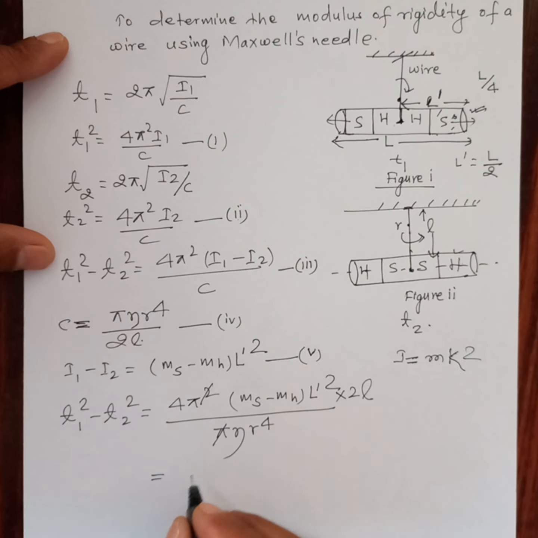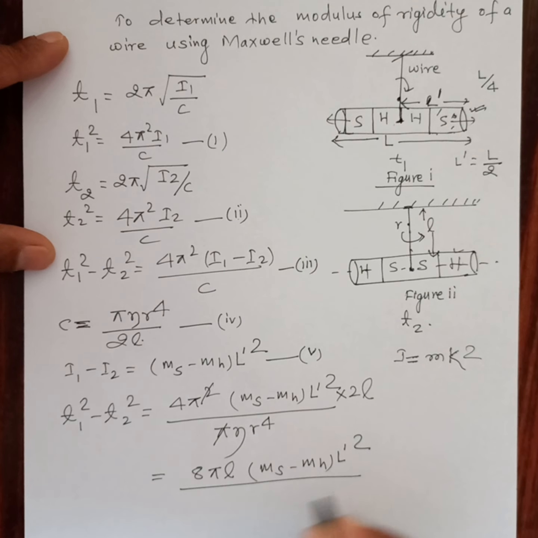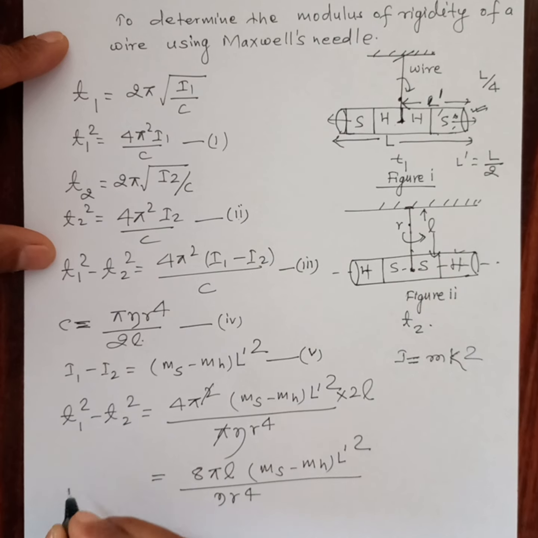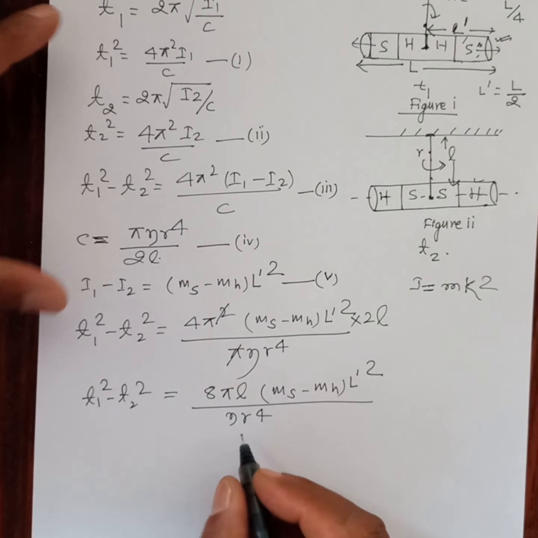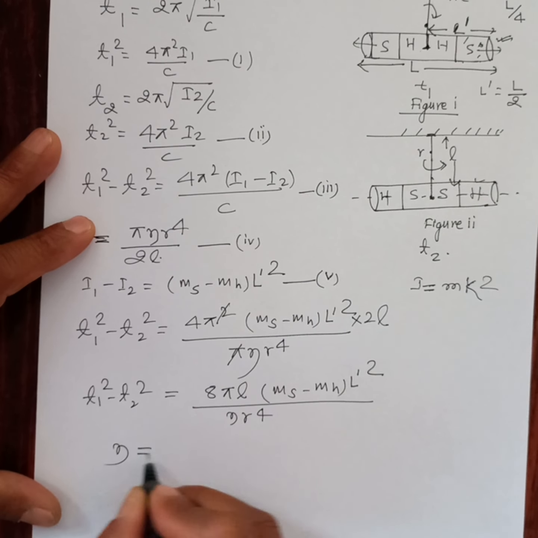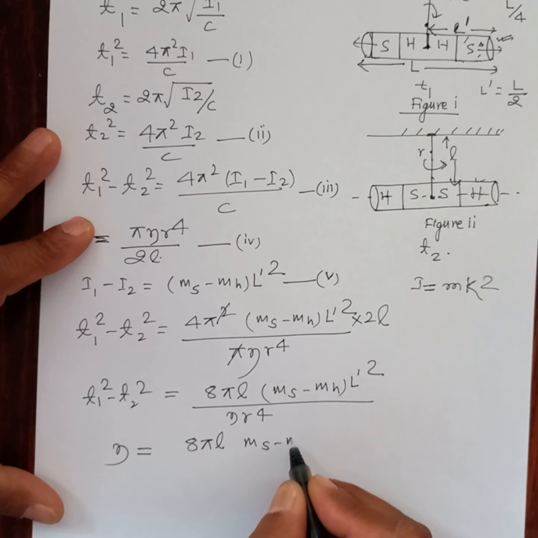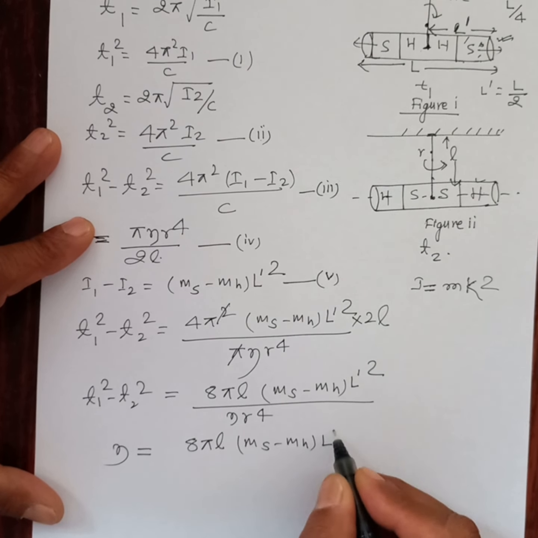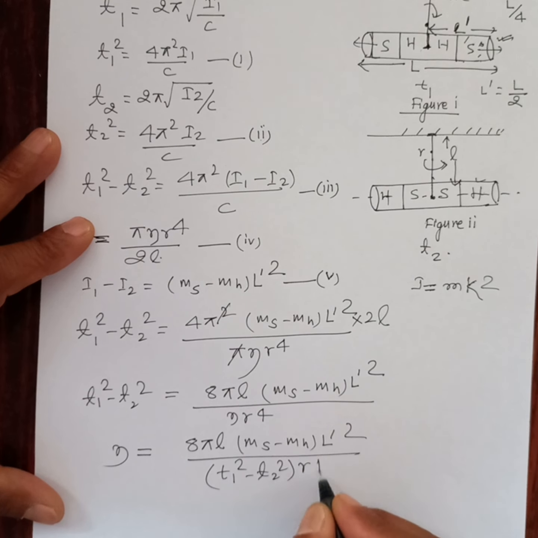This is equal to 8 pi l times the mass of the solid cylinder minus the mass of the hollow cylinder times L dash square, divided by eta R to the 4. So eta, the modulus of rigidity of the material of the wire, is equal to 8 pi l times the mass of the solid cylinder minus the mass of the hollow cylinder times L dash square, divided by T1 square minus T2 square times R to the power 4.